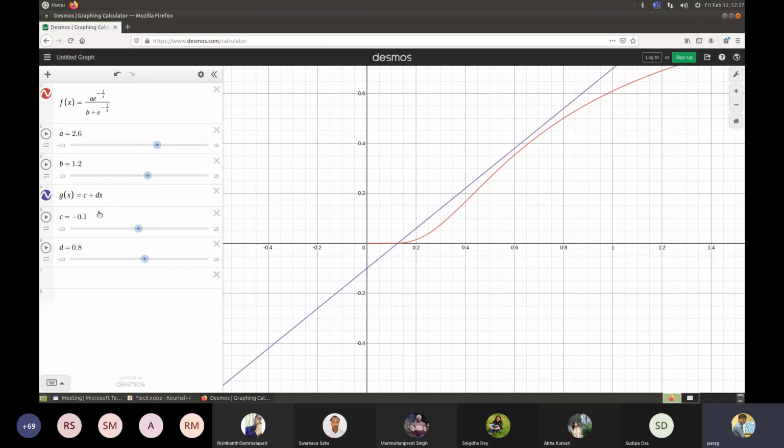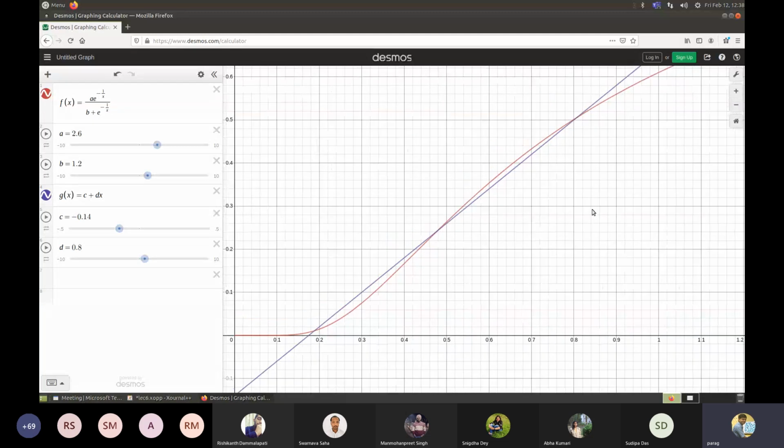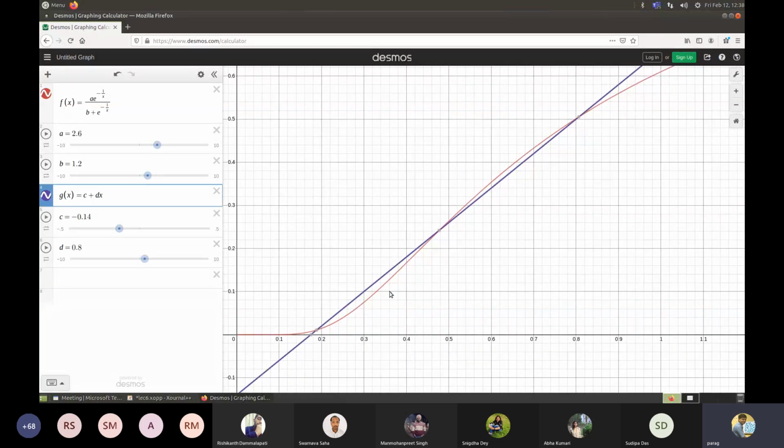Yes. Minus 0.5 to 0.5. Yes. You see here. Now what's happening? There is a combination of parameters which is resulting in 1, 2, and 3 solutions, right?